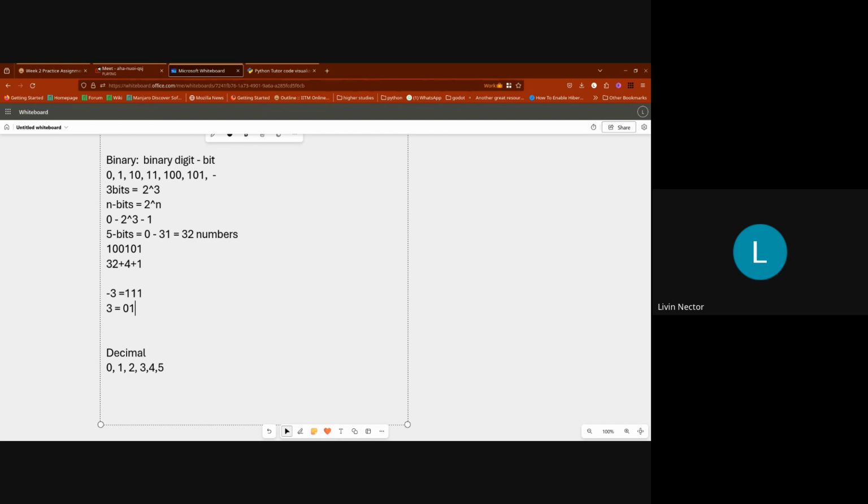People call this left side bit the most significant bit, and the right side bit the least significant bit. Why most and least? You saw the conversion: the right side value gets 2 power 0, which is the least significant, and the left side value gets the highest power of 2, so it's the most significant. That's why people say most significant bit and least significant bit.